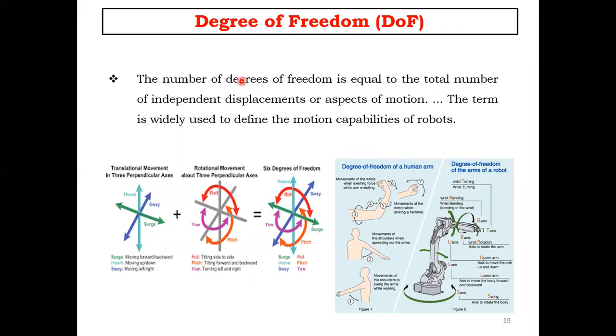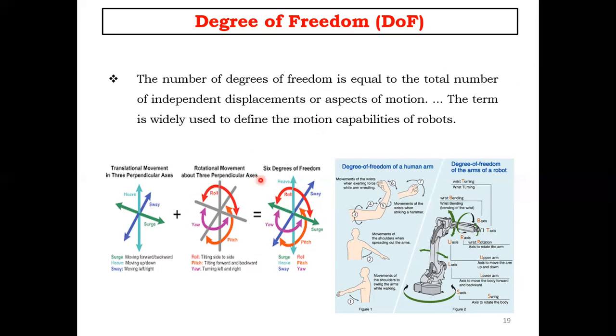See, the number of degrees of freedom is equal to the total number of independent displacements. This is the main point. The total number of independent displacements or aspects of motion is called the degree of freedom. This is widely used in defining the motion capability of a robot.